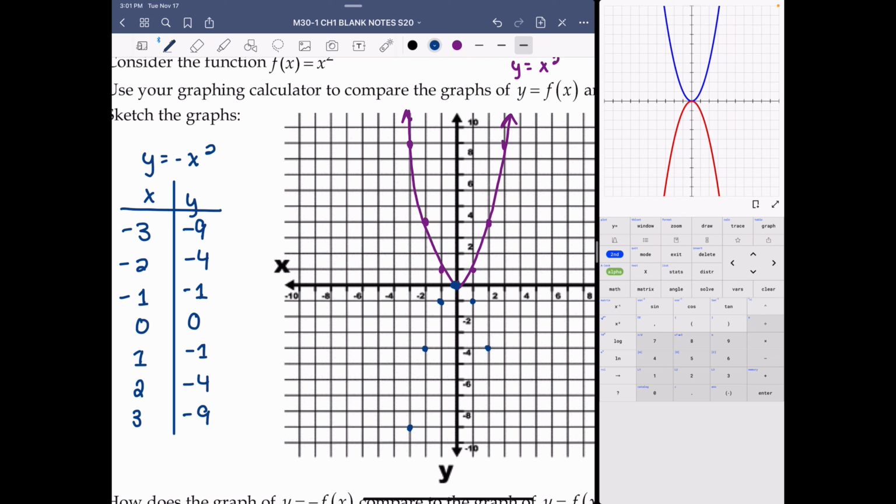And when x is 3, y is -9. And then we join those points together with a curve, and we get our parabola y equals -x squared. And this one was y equals x squared.